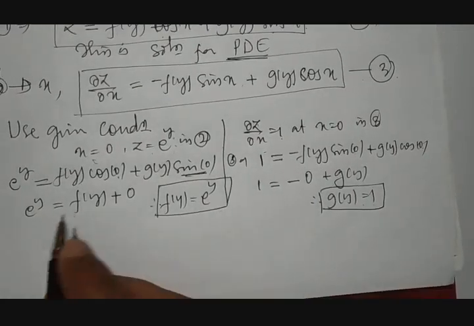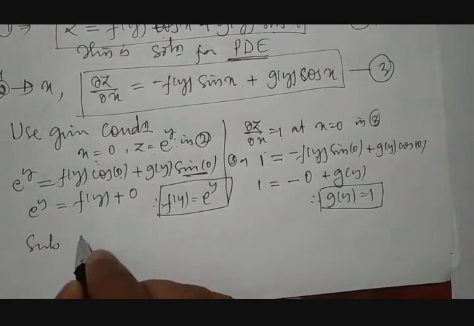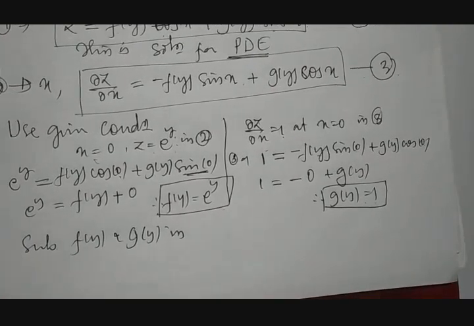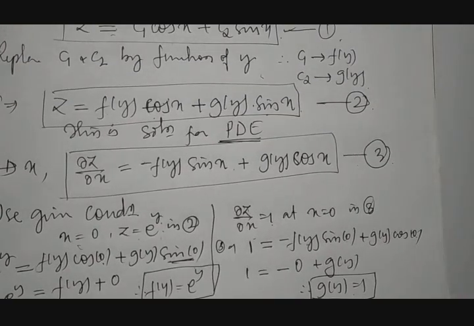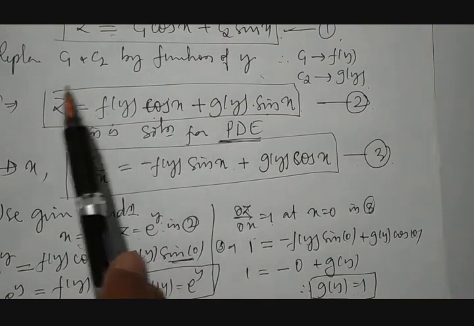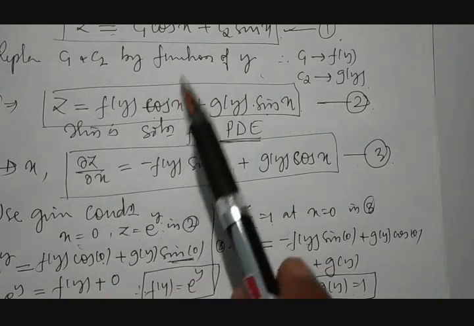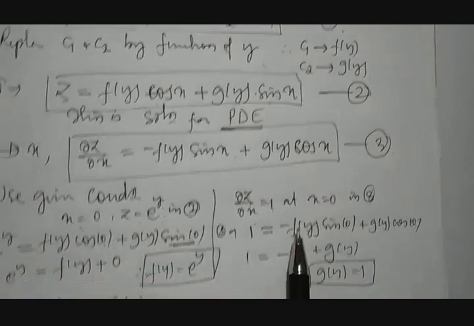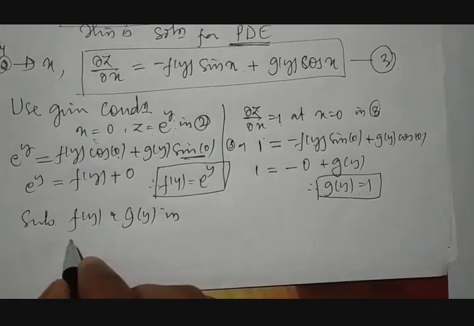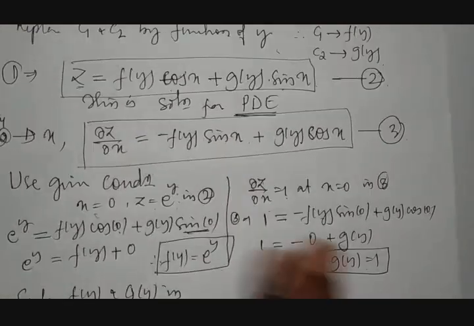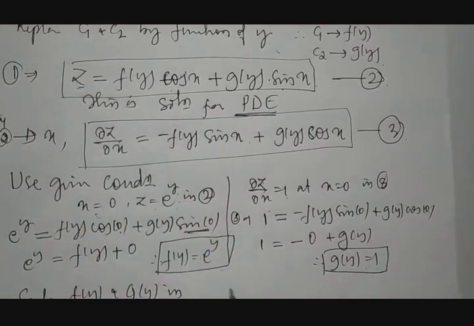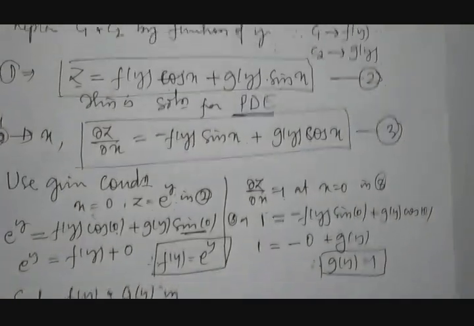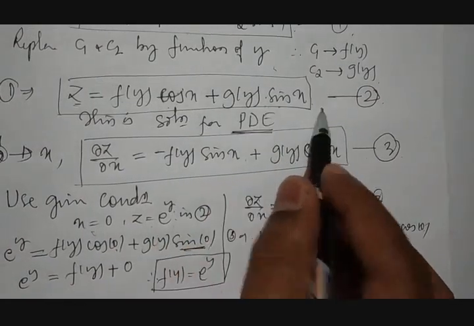Therefore let us substitute the results of f of y and g of y where we need the solution. Finally, the solution means getting z. Whether it is dou z by dou y or dou z by dou x, z is a function, so we need a solution for this function z. Therefore z is equal to f of y, which is e raised to y, into cos x, plus g of y into sin x.